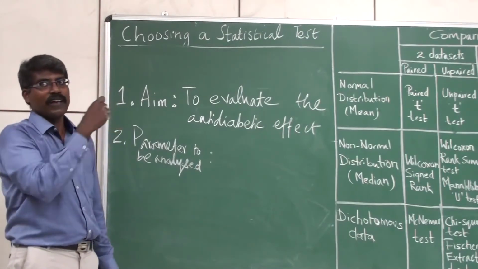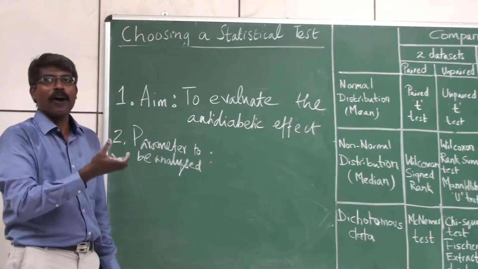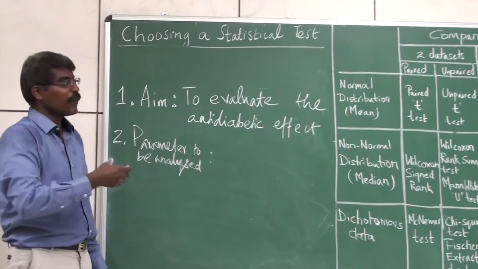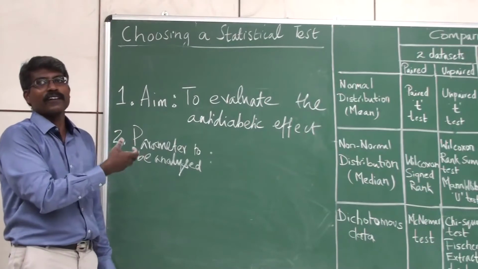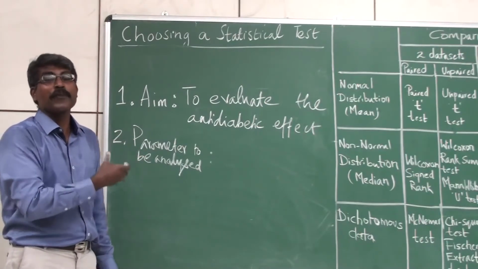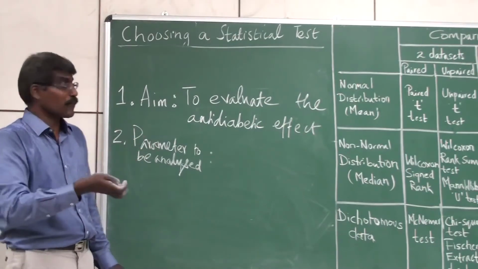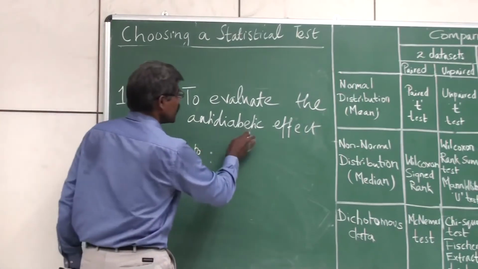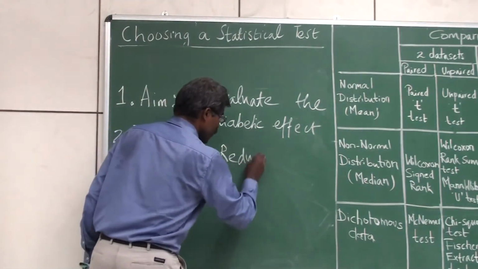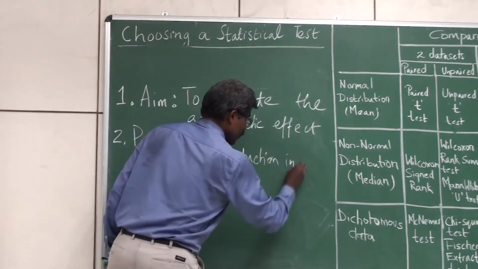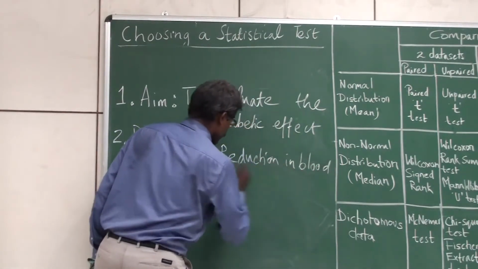As we said, like the weight of the ball, then we need some other tool. So if it is for the blood glucose level, it becomes one thing. If it is the number of people having adverse effects, it becomes a difference. So here, let's take, I want to see the anti-diabetic effect. So what is the parameter? It becomes reduction in blood glucose. Simply, right.